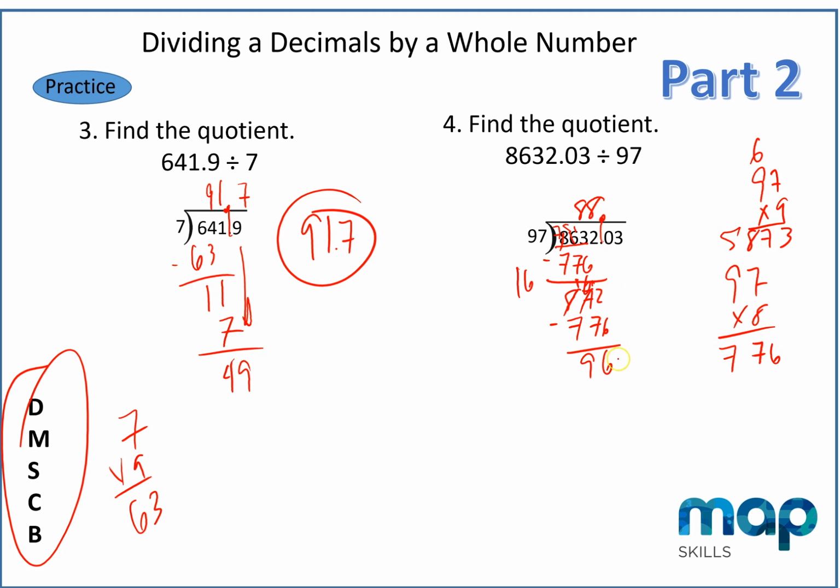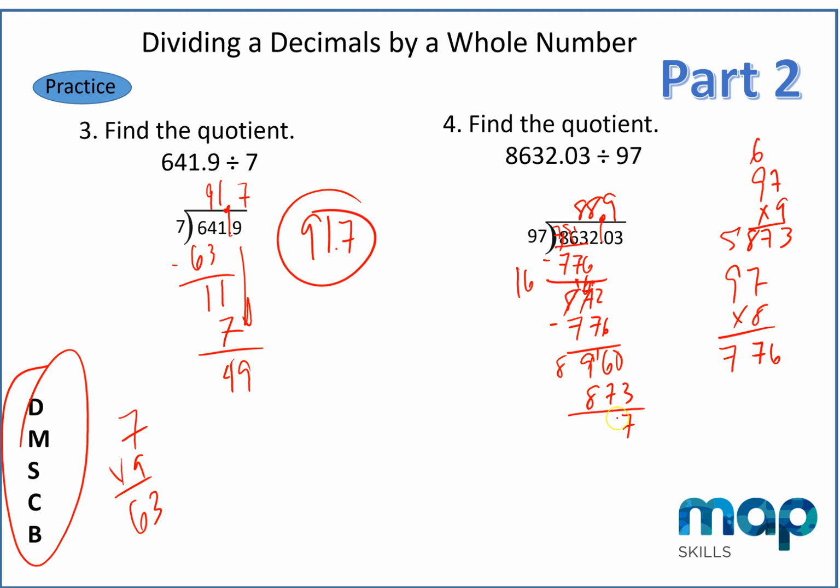96 is less than 97, so I can bring down the 0, and 960, which is going to be 9 times. So that gives us 873. And 7.